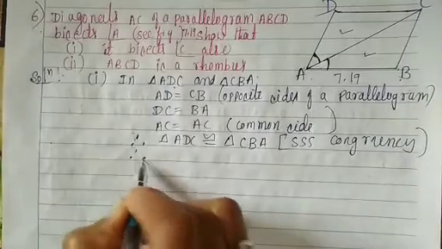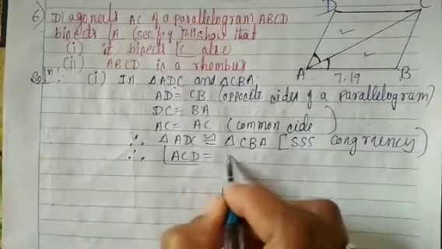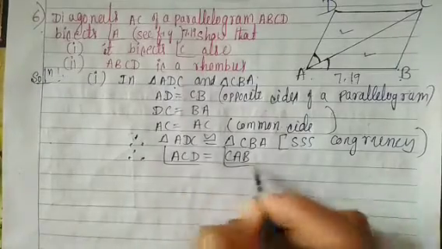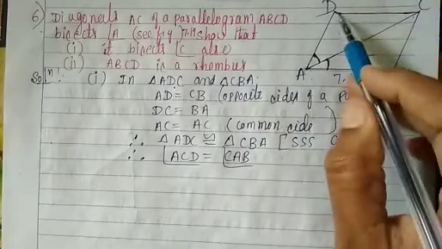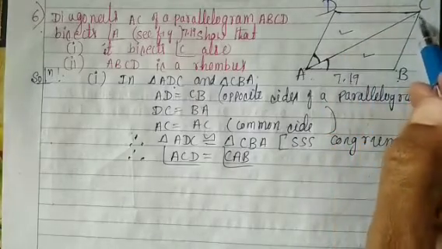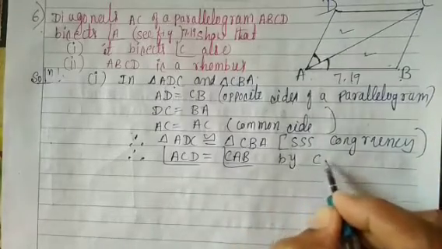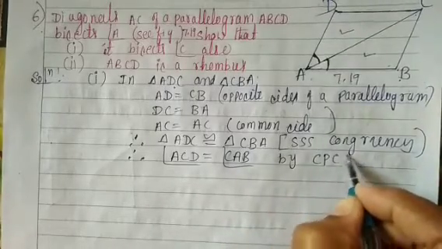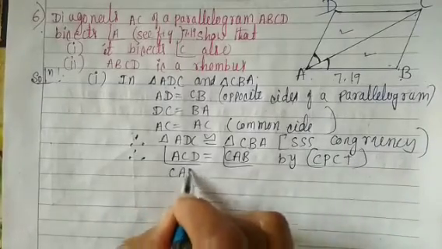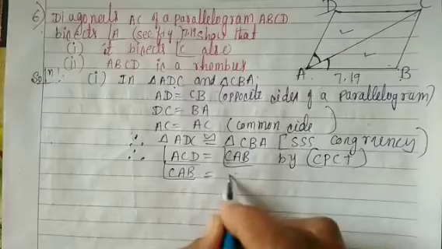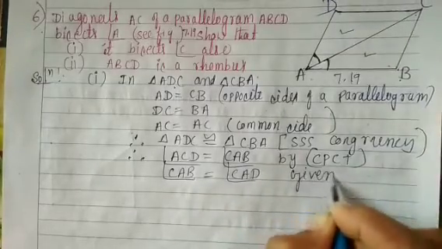Therefore, angle ACD is equal to angle CAB. Once again, angle ACD is equal to angle CAB, by corresponding parts of congruent triangles, and angle CAB is equal to CAD, this is given.